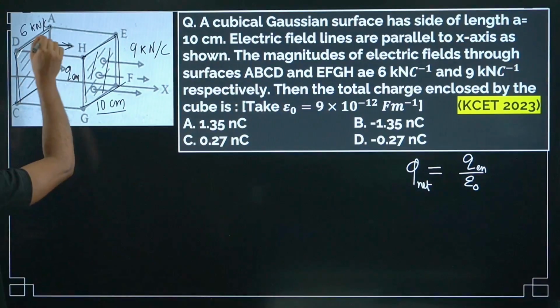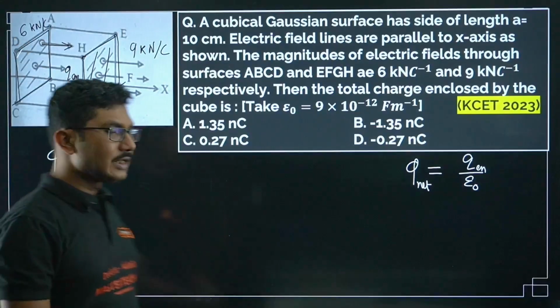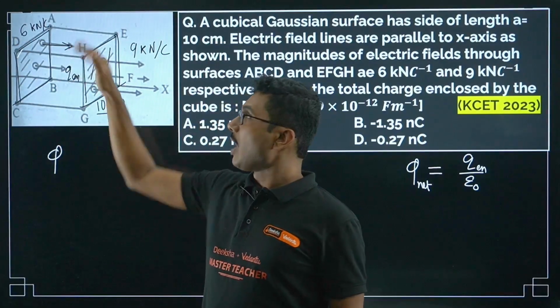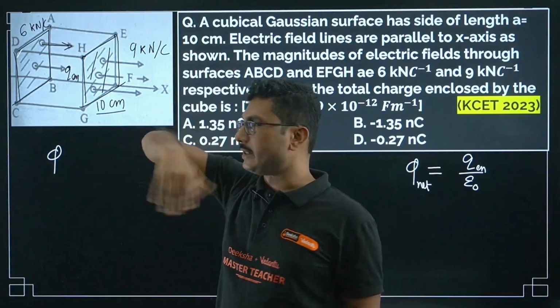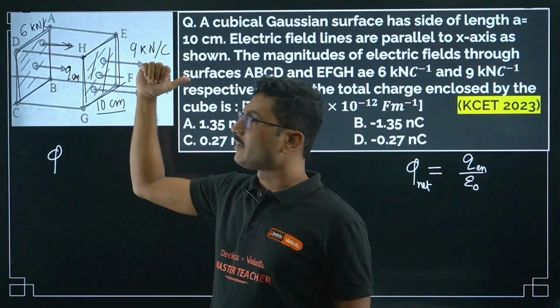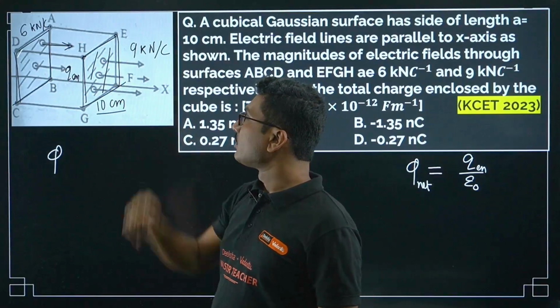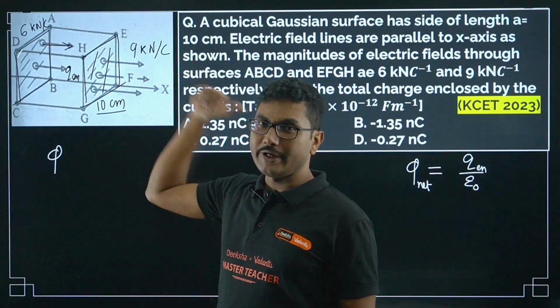Here, as you can see, flux is coming inside the cube. Through the other surfaces there is no flux linked. So through this surface some flux is coming in, and through this surface some flux is going out.